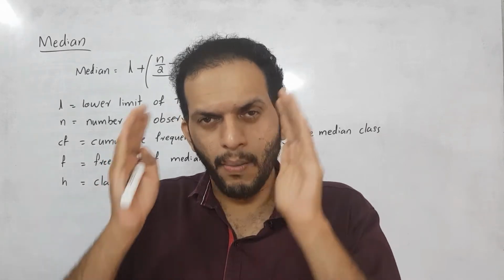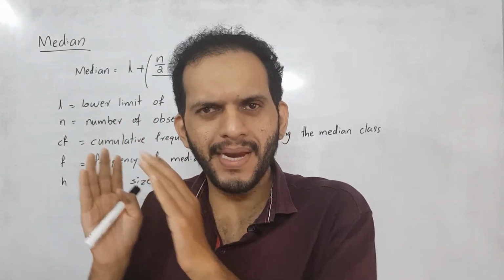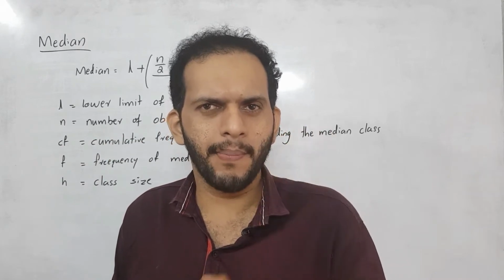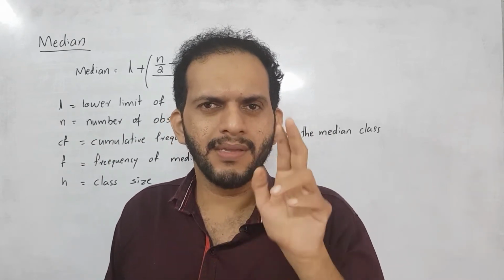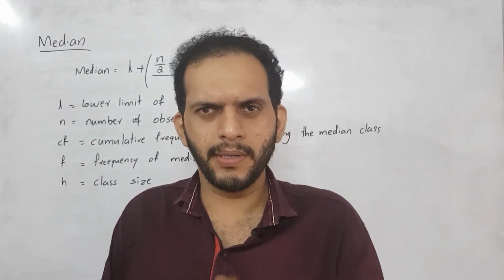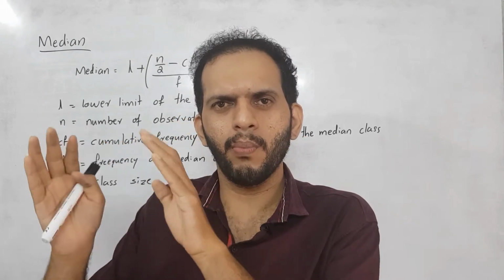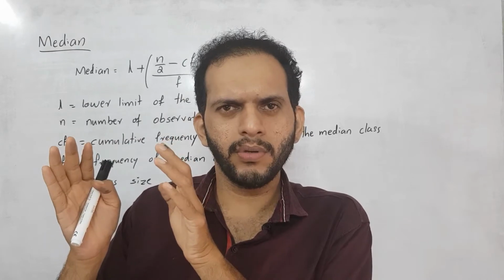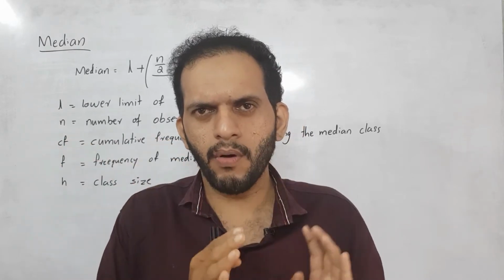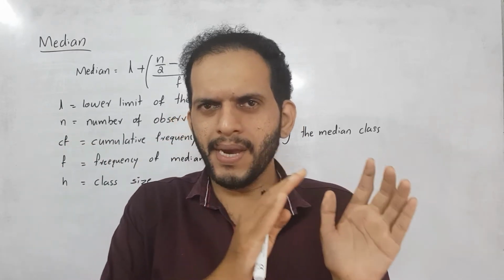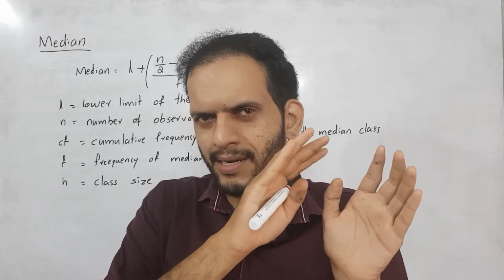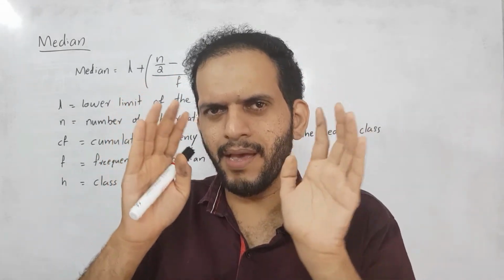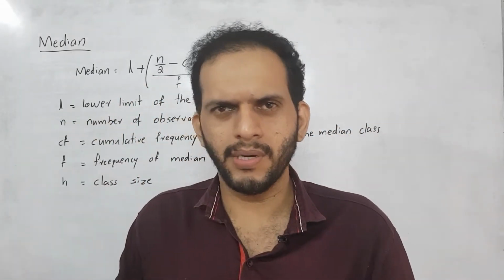It is very important in the case of median that we have two types of table. That one is the cumulative frequency table. Without the cumulative frequency table, it is not possible to do the work of median. So whenever you hear median, you must remember we need the cumulative frequency table.